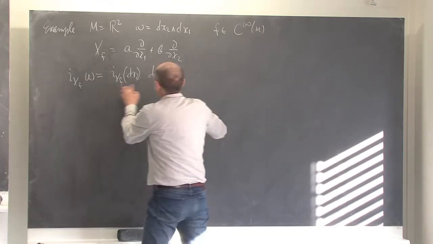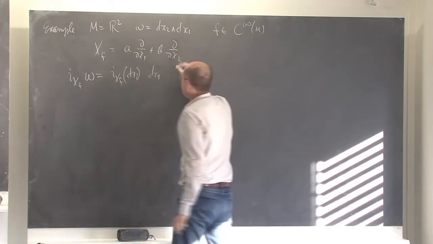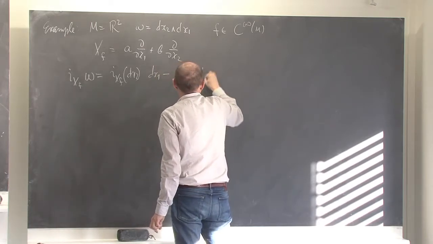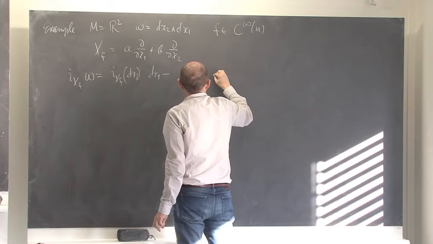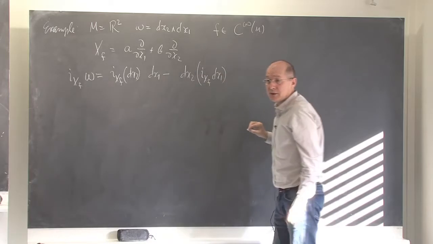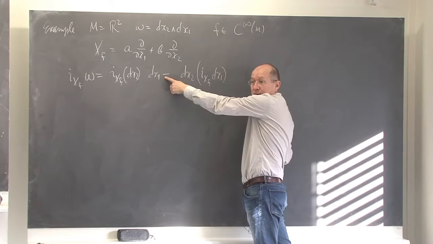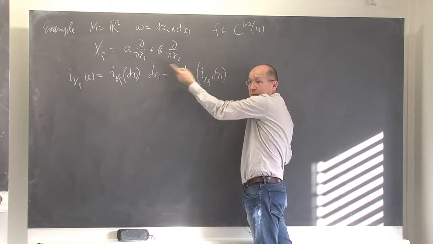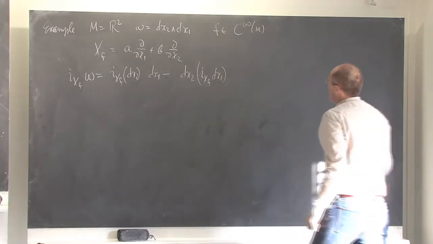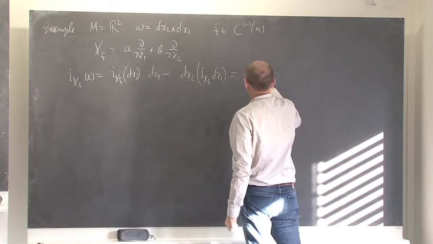Okay, and this is a scalar. So we multiply it by what remains from the form. And then we put minus dx2 and contract X_f with dx1. Okay, it is this minus because of the anti-commutative nature of the internal contraction. Okay, so you know this. And now, this is just a pairing between forms and vector fields.